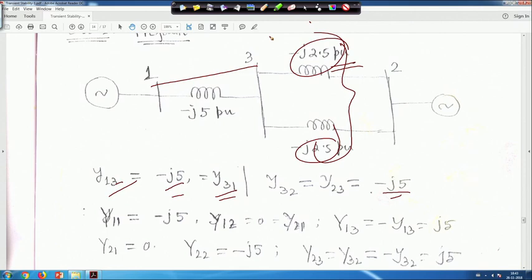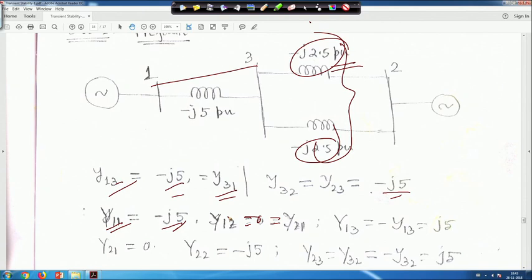That is why it is minus j5, because we have converted that reactance to susceptance, or in general we will call it admittance, right. Similarly, y11 will then be only minus j5. Similarly, y12, no connection, y12 is equal to y21 is equal to 0, because there is no direct connection between 1 and 2, right.